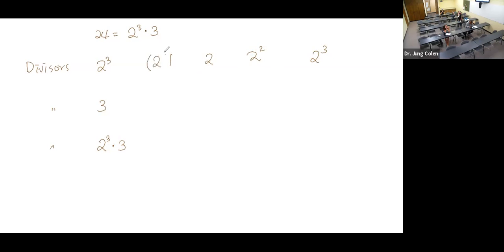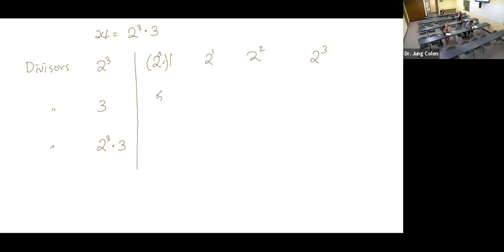That's the same as 2 to the what power? This is 2 to the 1 power, 2 to the 0 power. So 2 cubed, 2 squared, 2 to the 1, and 2 to the 0 powers are all the divisors of 2 cubed. How about divisors of 3?